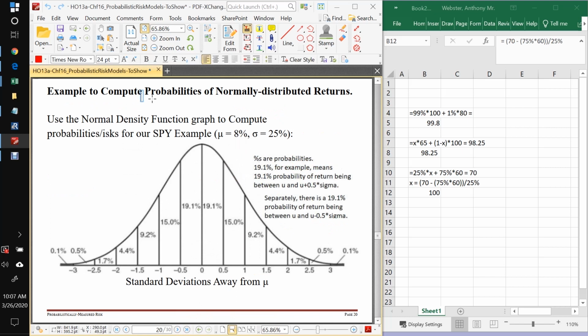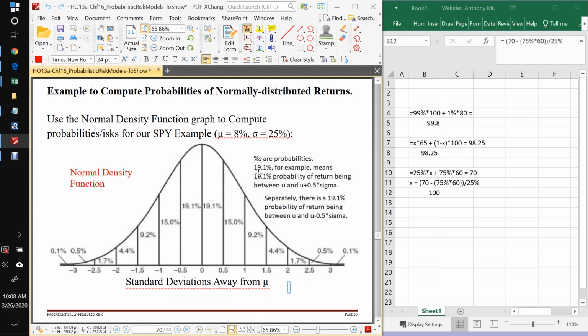We're going to want to compute probabilities of our normally distributed returns, and let's see how this is going to work for our SPY example. With our SPY example, we have expected value of 8%, standard deviation of 25%, and this is the normal density function graph here. What I've got on the x-axis is measured in standard deviations away from our expected value mu, and the percents here are probabilities.